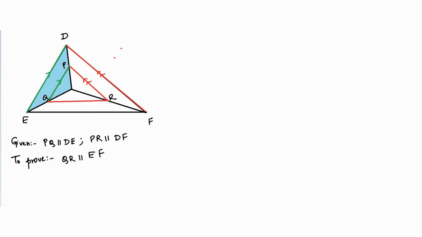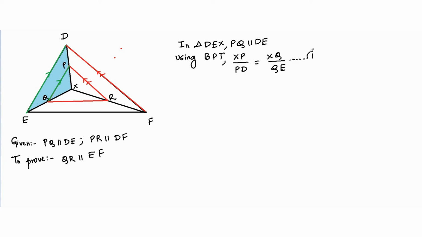So let's mark this particular point as X. In triangle XDE, I have PQ parallel to DE, and therefore I can say using BPT, I can apply XP divided by PD is equal to XQ divided by QE, right? This is the first equation that I have. Let us mark this equation.